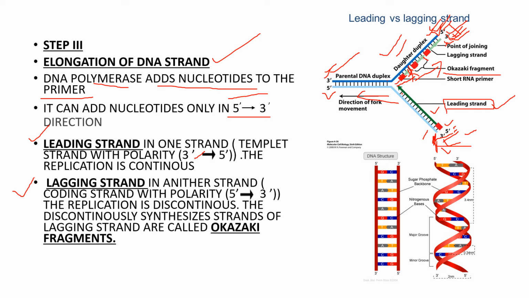Because of that force, the addition of the nucleotides will be discontinuous in this strand. So this strand is called the lagging strand, and the discontinuously synthesized fragments are called Okazaki fragments. And this strand is called the leading strand.